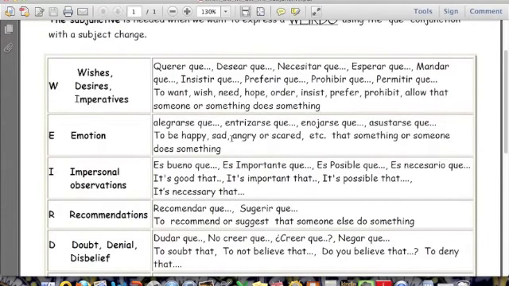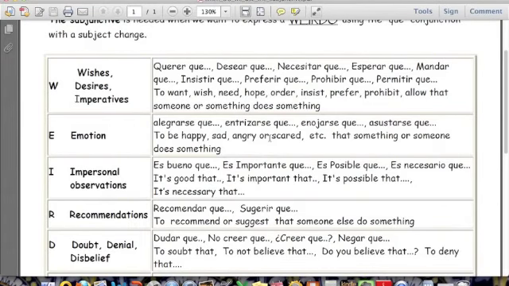Emotion is anytime we're talking about emotions. To be happy about something, to be scared or angry about something, to be upset about something are all emotional main clauses that would be followed by a subordinate clause.